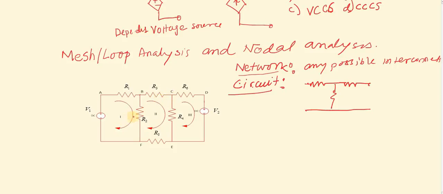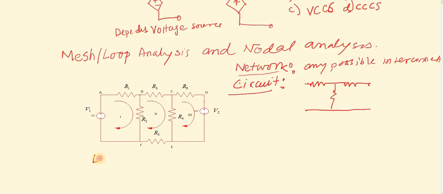Next we come to the loop or mesh. What is a loop? A loop is a set of branches forming a closed path. See, in this case, this branch and this form a loop. So A, B, F and A form a loop.